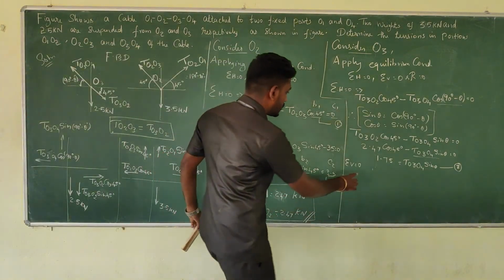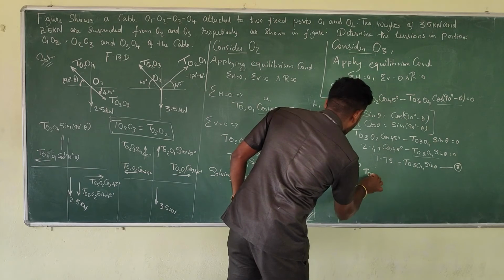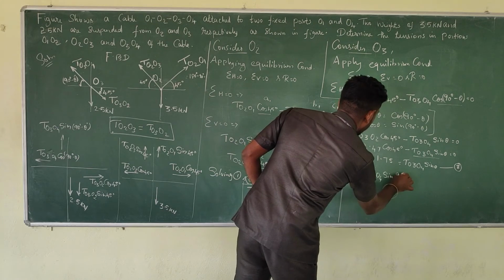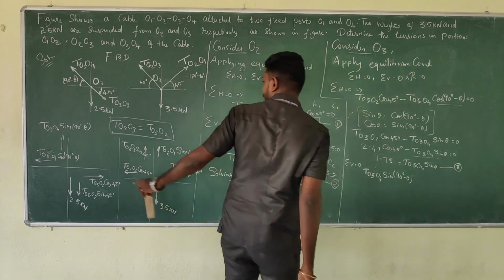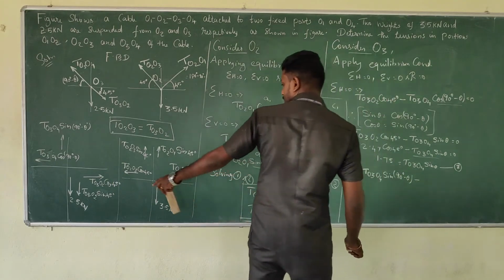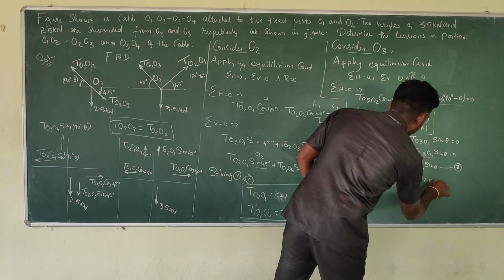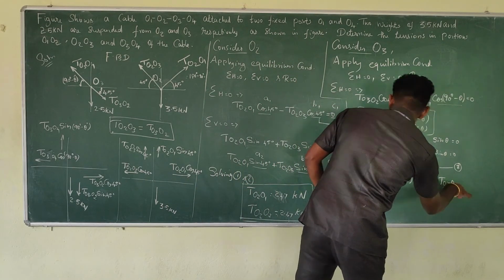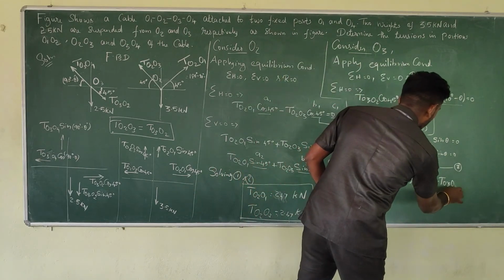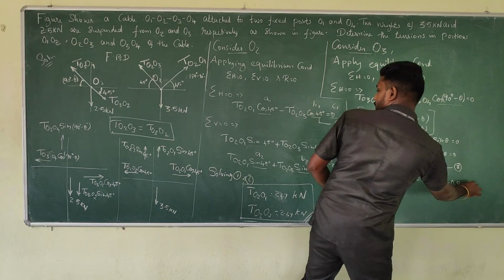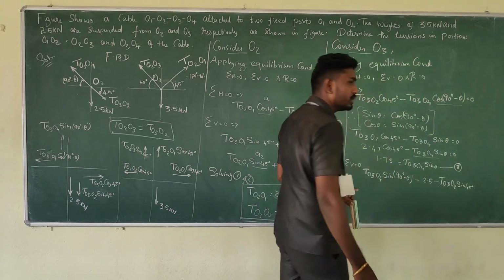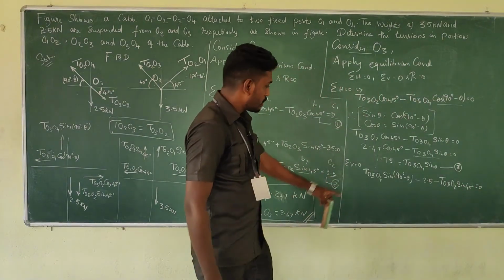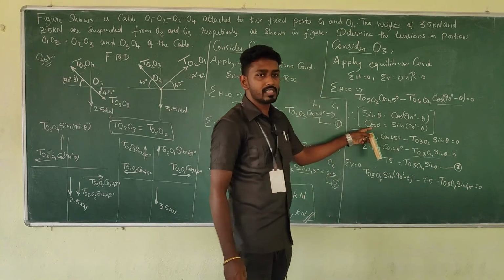So I am going to write T O3 O4 sine 90 degree minus theta, minus 2.5, minus T O3 O2 sine 45 degree, the downward force. Add all the downward forces, which is equal to 0, and we know sine 90 minus theta is nothing but cos theta.